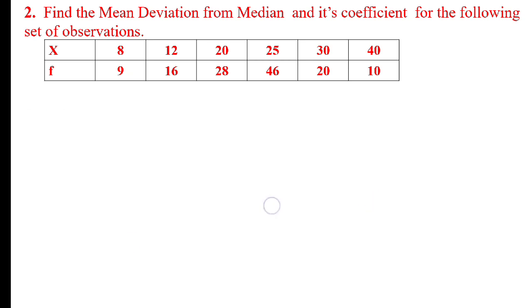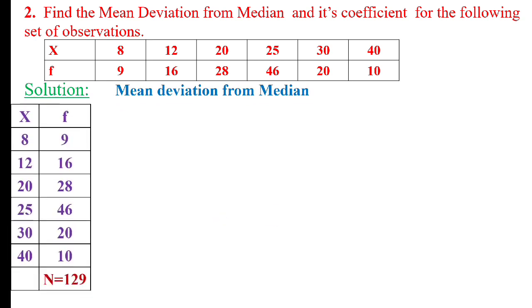So the solution will be mean deviation from median. The given set of values will be written in vertical form. Total frequency: 9 plus 16 plus 28 plus 46 plus 20 plus 10 is equal to 129. We know the mean formula; now the median you need to find.